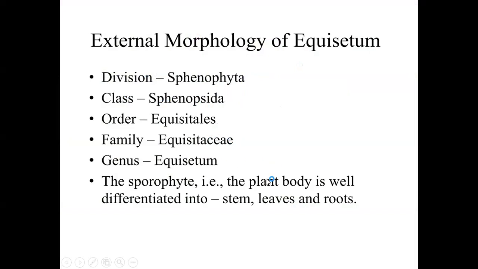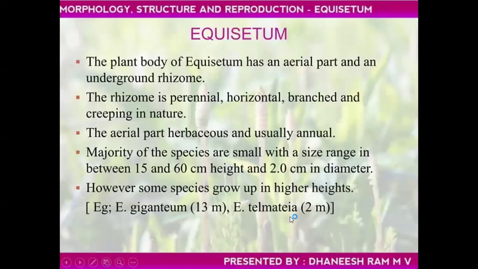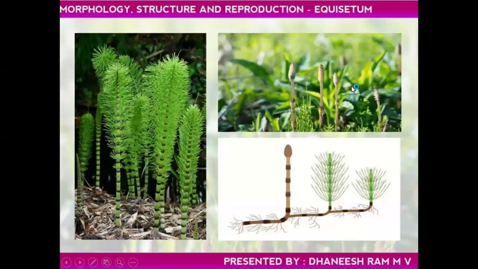When we look into the plant body, as we discussed, in all pteridophytes the dominant phase is the sporophyte. In Equisetum, the plant body is a sporophyte with a well-differentiated stem, leaves, and roots. Here you can see the diagrammatic representation of Equisetum, having the stem, branches, as well as the leaves.